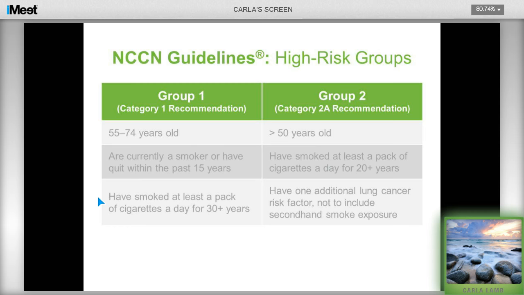The starting point is at 50 years of age. Their pack-year history is less, but they may have a specific additional risk factor, not including secondhand smoke, and I'll break out those specific differences that may include environmental exposures, an immediate relative with a history of lung cancer.